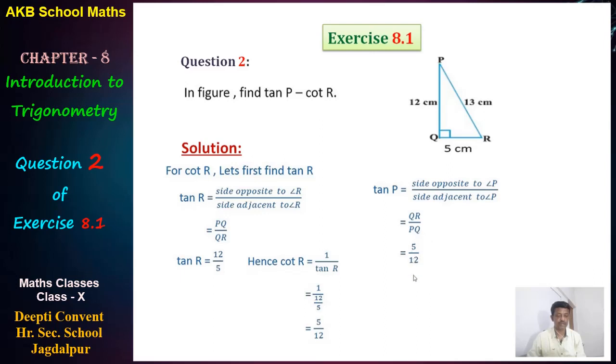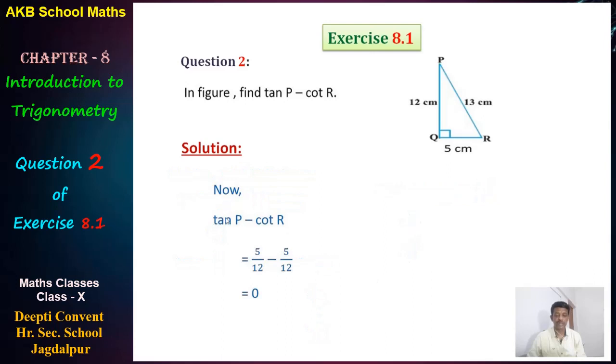So this is 5 by 12. 5 by 12 is the value of tan P. So finding this, that means tan P minus cot R. Now tan P minus cot R, 5 by 12 minus 5 by 12, is equal to 0. So this was the solution of question 2, that the value of tan P minus cot R equals 0. This is our final solution.